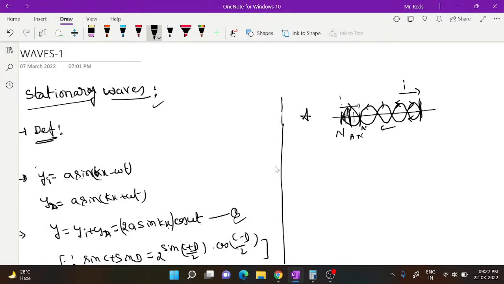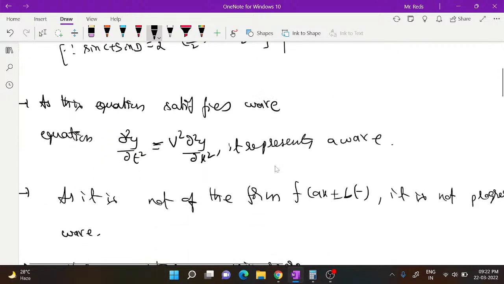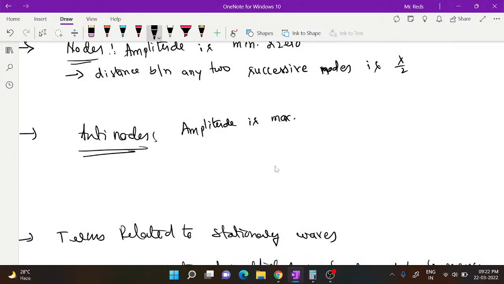This will be called one loop. From here to here will be one wave, so the total distance is called a wavelength, but half of this gives you one loop. So this distance will be lambda by 2. Similarly, between one antinode and the next antinode also it will be lambda by 2. So we need two successive nodes or two successive antinodes. Here also the distance between two successive antinodes is lambda by 2.